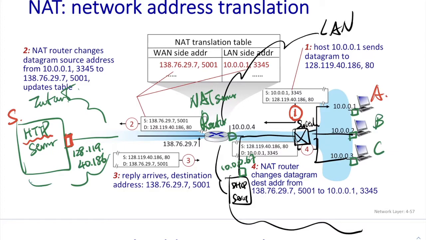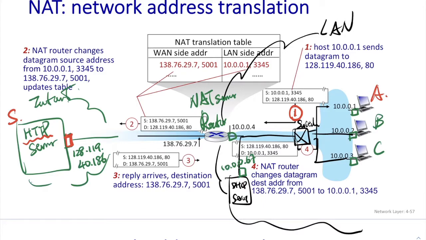You can check it out with the IP spectrum we introduced last hour. 128.119 is a public IP address. So in this case, host A in a private LAN has a private IP address and would like to talk to a destination IP which is a public IP address.